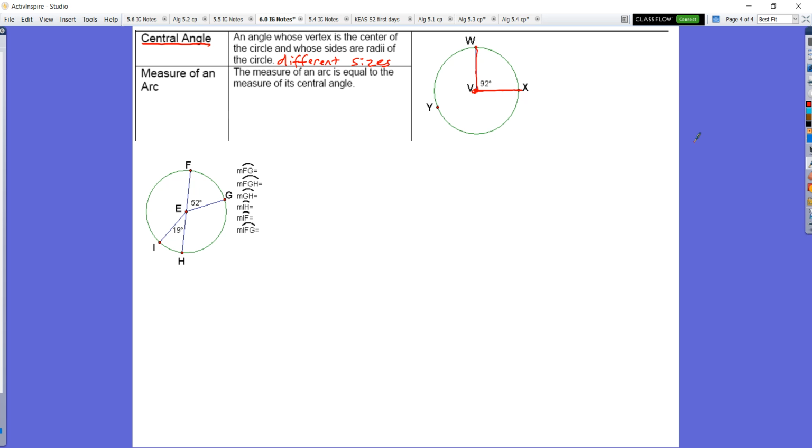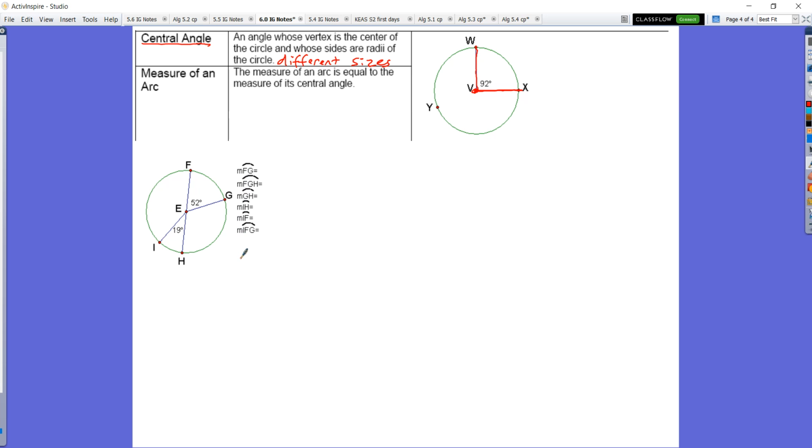And then the measure of an arc is the same as whatever the angle measurement comes out to in degrees. So we're going to practice writing the degrees of the different arcs that we have. They have a whole list of arcs here for us, and we're going to find out what degrees each of those are.